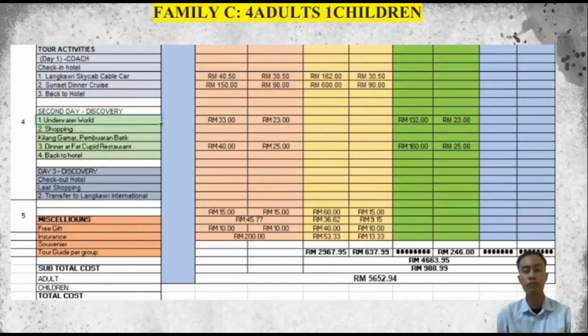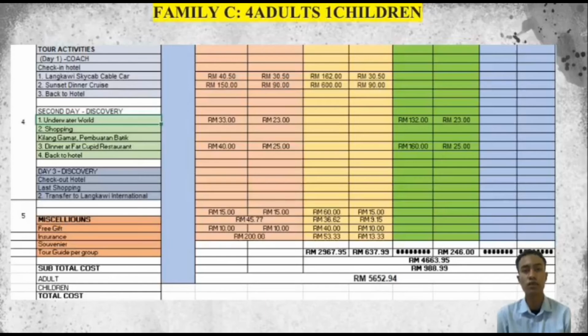And we're moving on to the miscellaneous. The miscellaneous is for a free gift, 15 ringgit for 1 adult and 15 ringgit for 1 child from us, and it is 60 ringgit for 4 adults and 15 ringgit for 1 child. And we're moving on to the insurance.